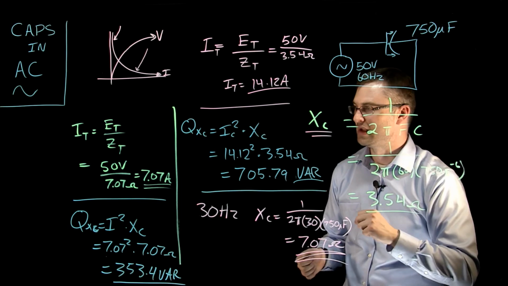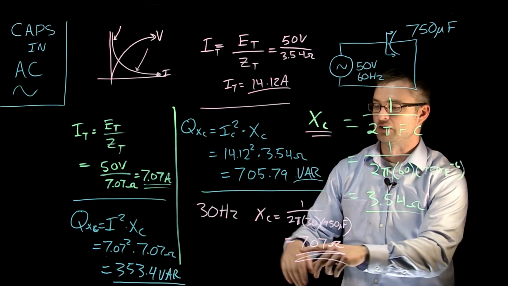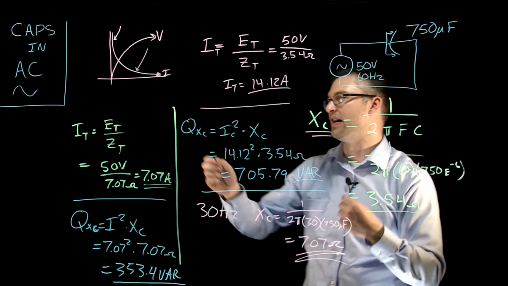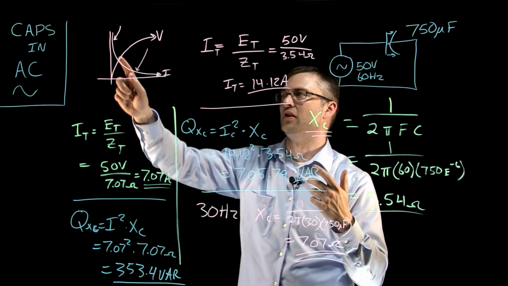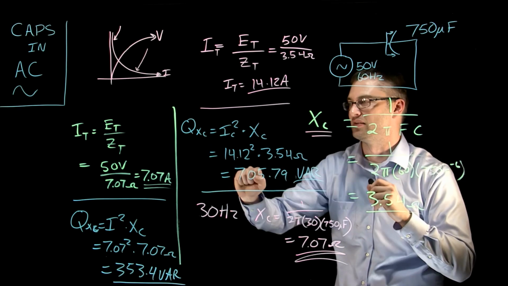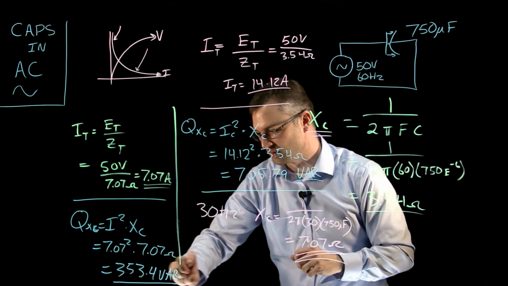When we lower that frequency, we see that we have a much higher ohmic value. Current isn't going to be as high because we're down here. We let that capacitor charge up for longer, and therefore the total amount of current on average is reduced, and we have lower current and much lower VARs.